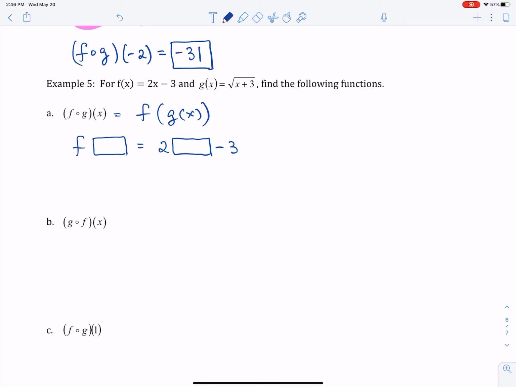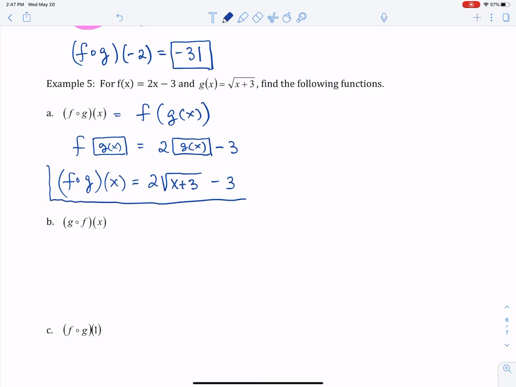And I have to put in this box the g of x. So f of g of x is going to be twice g of x, which is square root of x plus 3. So twice square root of x plus 3 minus 3. Oh, I cannot simplify anything further, so that's going to be my final answer.